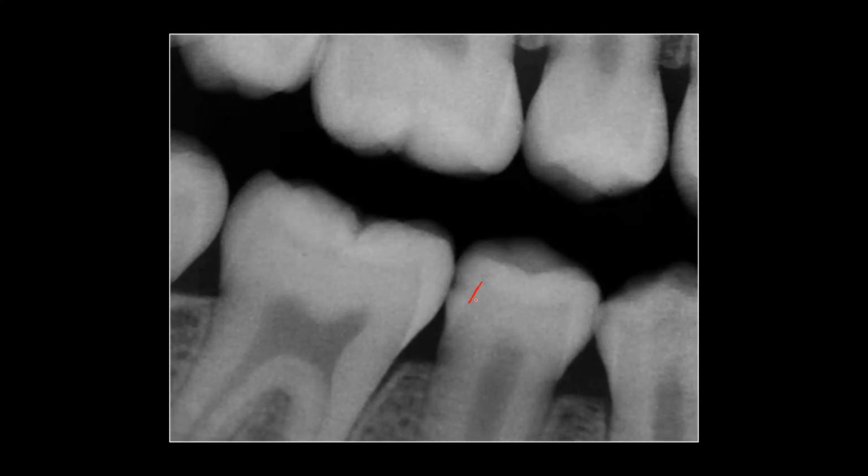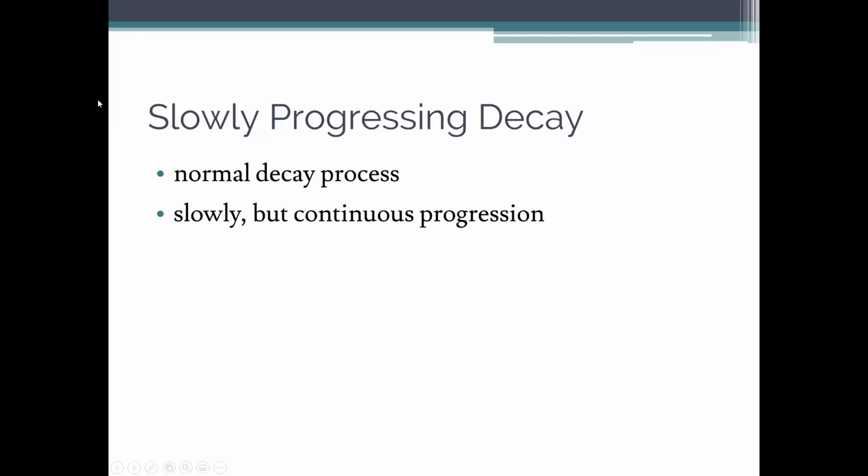So we put it as a watch area, and hopefully if the patient is using a prescription fluoride, it takes care of it. Cavities typically occur as what we call a kissing lesion. If you get one on this side, you have a high chance of getting one on that side.